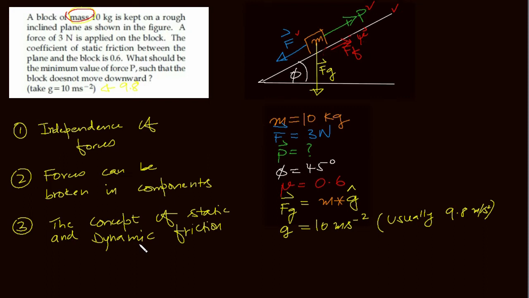All right, so I see right away that these 3 principles will have to be applied. So let's start with number 2 and see which force we need to break into components.